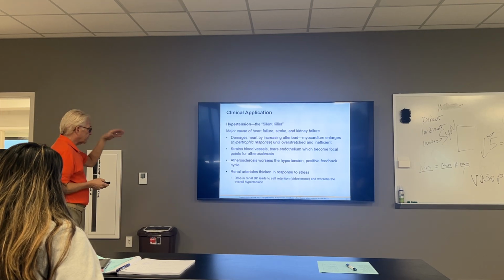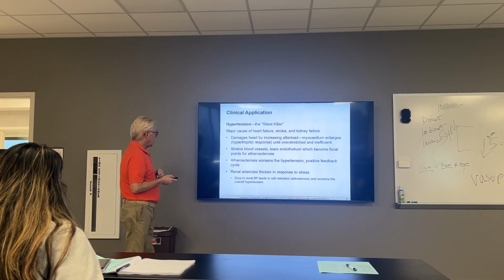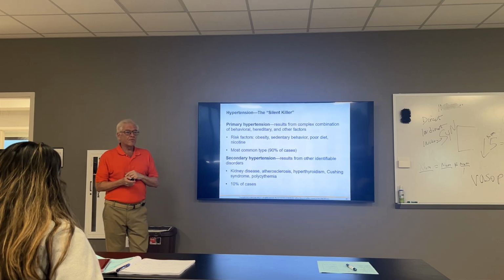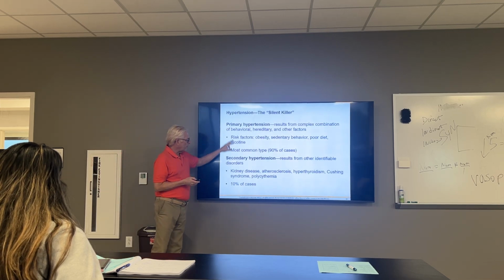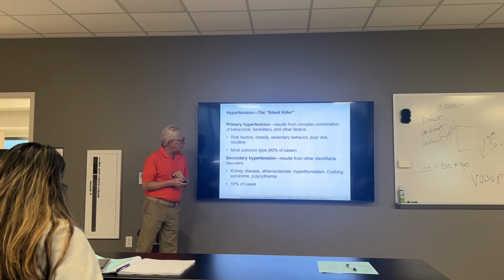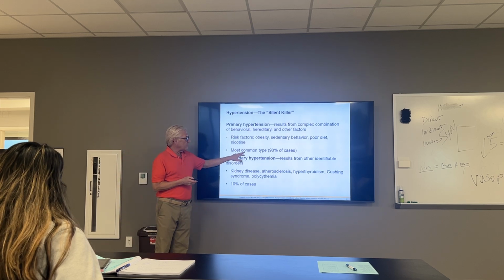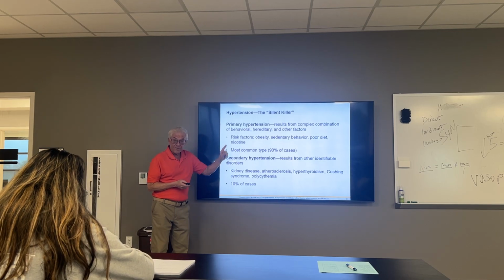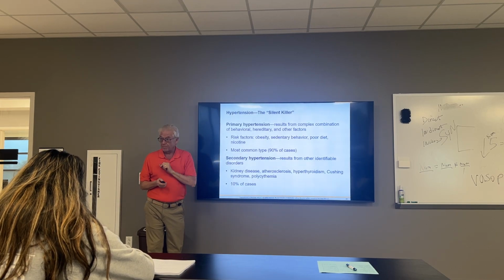Hypertension is a silent killer. No big problem, we know that. Okay, two kinds of hypertension, primary and secondary. Primary is the most common type, and we have no idea how to classify it as one problem. Got it?